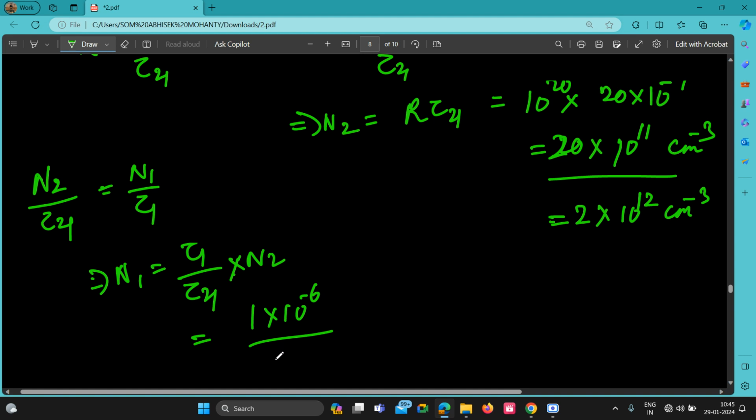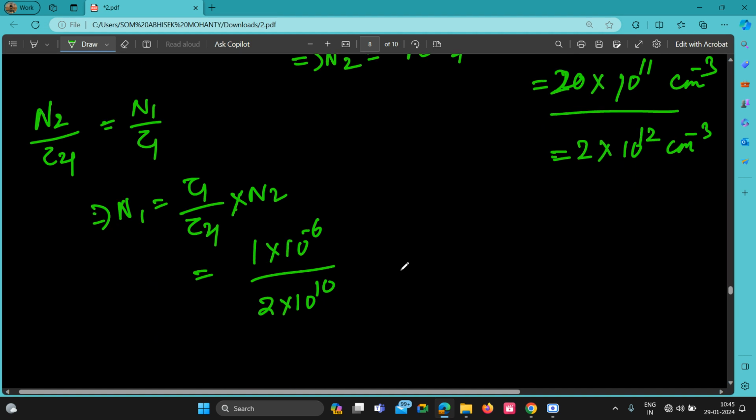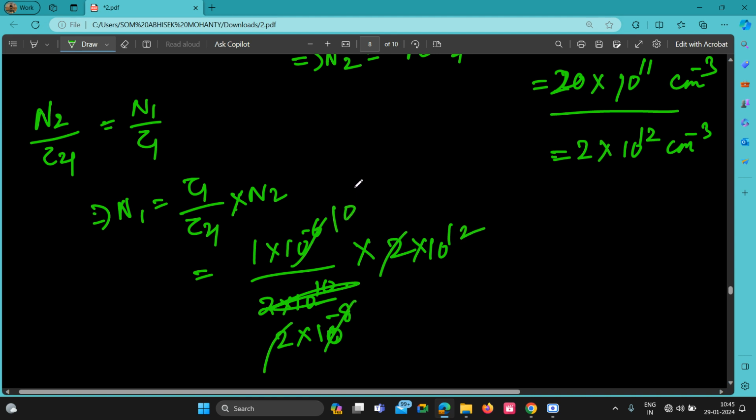Tau 21 is 20 nanosecond, that is 2 into 10 to the power minus 8. Into n2 we got as 2 into 10 to the power 12. So 2 cancels out, and this becomes 10 to the power 14.